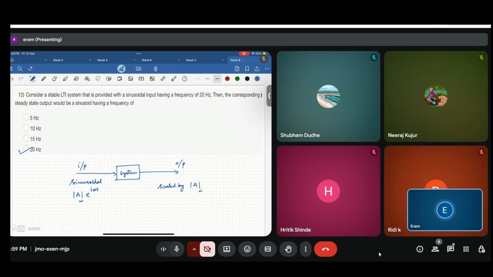Your output will be scaled by this magnitude, and your frequency will be the same as omega, right? And there is a phase shift by what value?